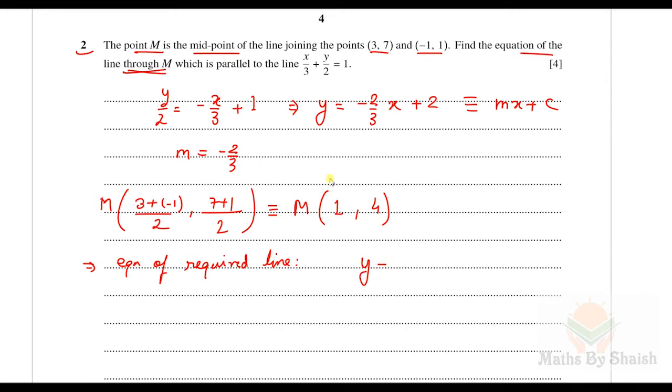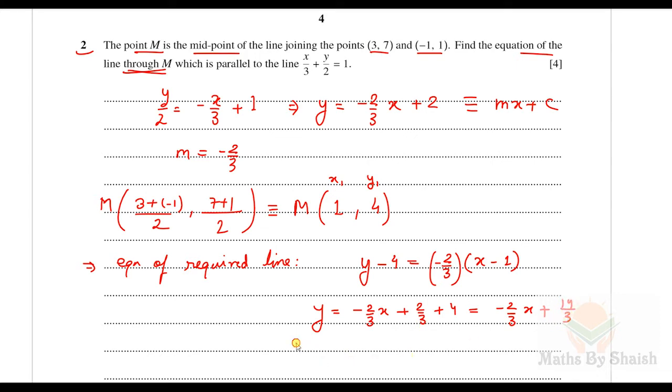So here we are going to take these two values as x1, y1. y minus y1, that is y minus 4, is equal to m times, m is the same gradient of this line, (x minus x1). So it is y is equal to minus 2 by 3 x minus minus plus 2 by 3 and plus 4, or we can write it as minus 2 by 3 x, 3 4s are 12 plus 2, 14 over 3.